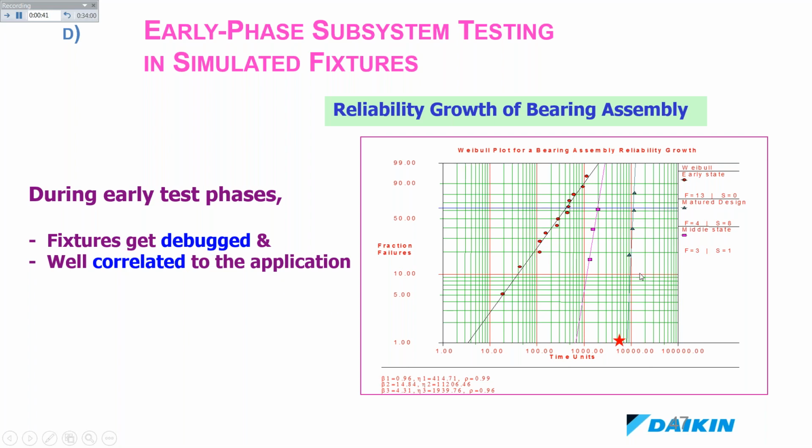By the time you get a well matured product, your fixture is very correlated to the real life application, and the results have more value. Good. And in this case, it is a bearing assembly. It passed your target point, and so that's where you stop your test.